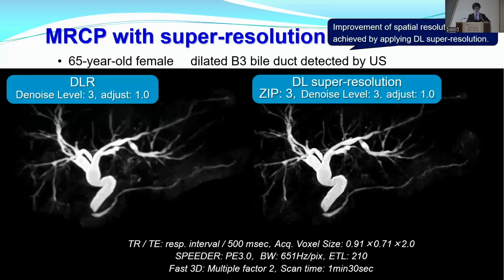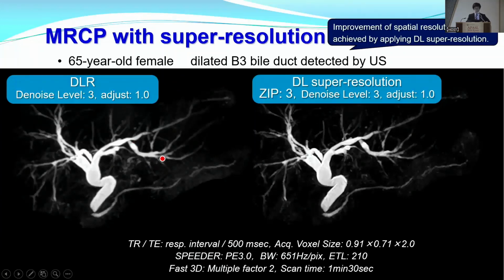So, regarding the respiratory triggered MRCP, this is a very excellent image quality with higher spatial resolution. But by applying deep learning super resolution, substantial improvement of spatial resolution can be achieved even for the respiratory triggered MRCP. So this is the same case of the MRCP images.